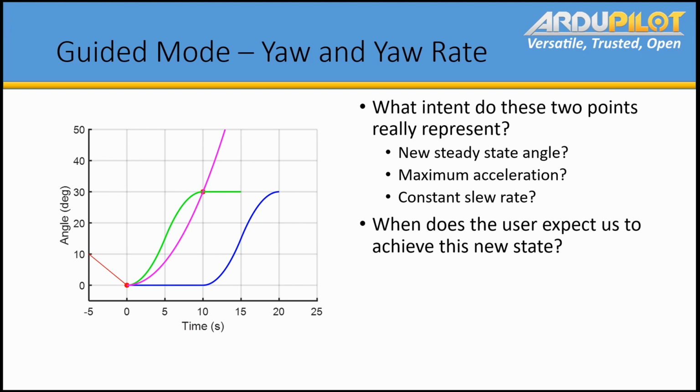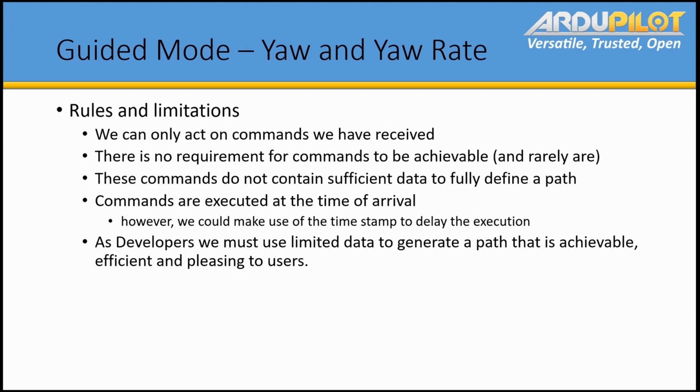So you can see when people are just providing this very limited amount of information, it doesn't fully describe the range of things that you may want to be doing. So we can only act on the commands we receive. We can't look into the future.